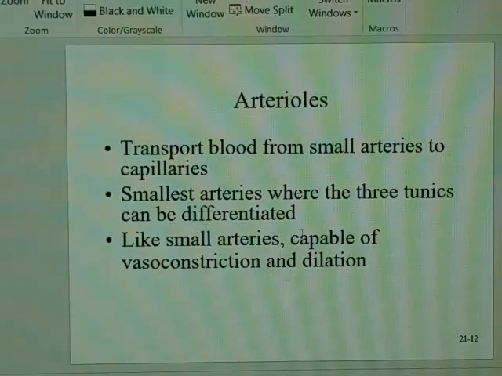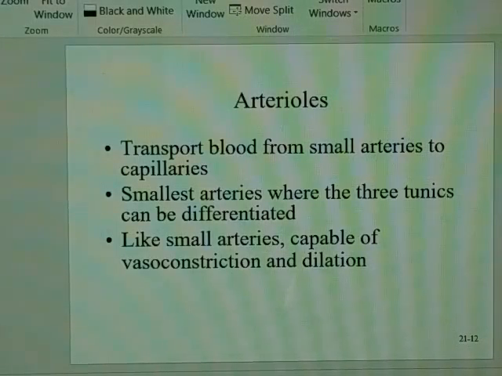So the structure of them becomes thinner. The makeup of those arterioles and then the metarteriole of that capillary bed, their structure is very thin at this point. Basically, it's that structure of the simple squamous epithelium.